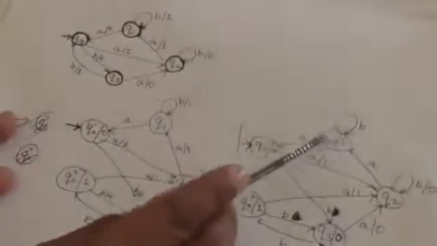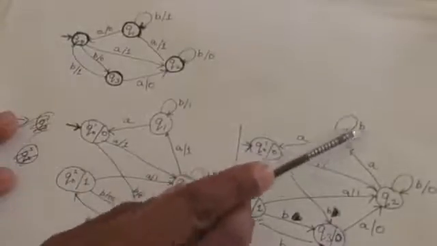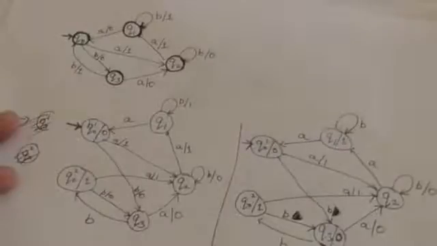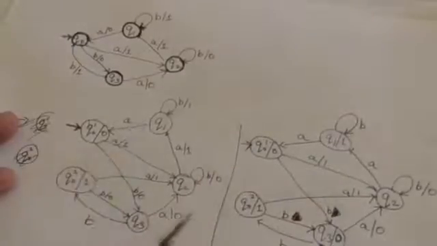So see their incoming edges here. These two incoming edges, one is the loop and one is from state Q2. We have removed output symbols from these incoming edges and associated it with the state Q1.